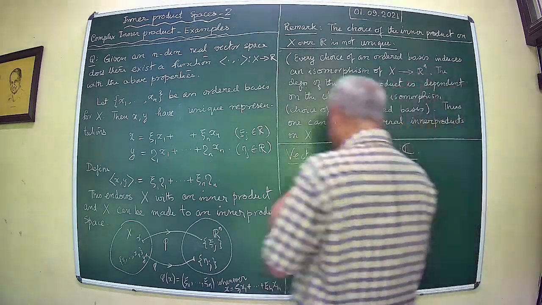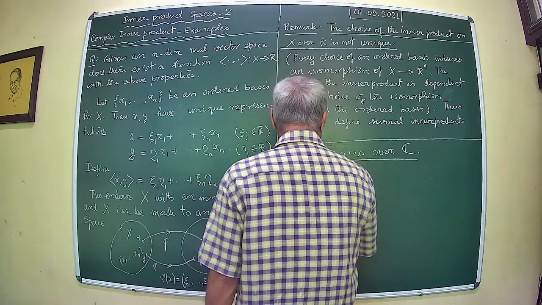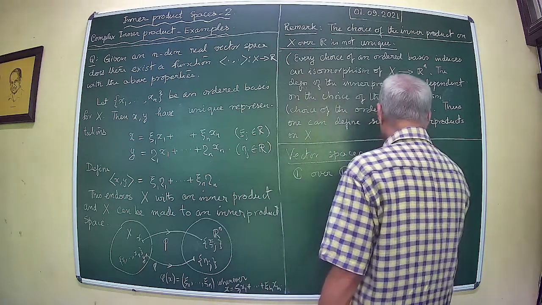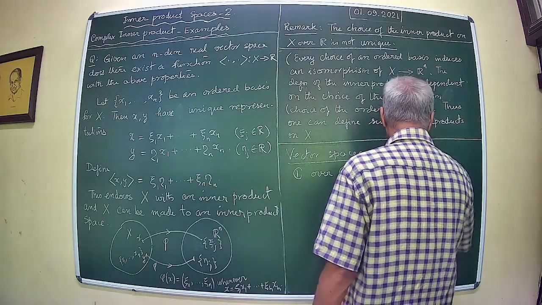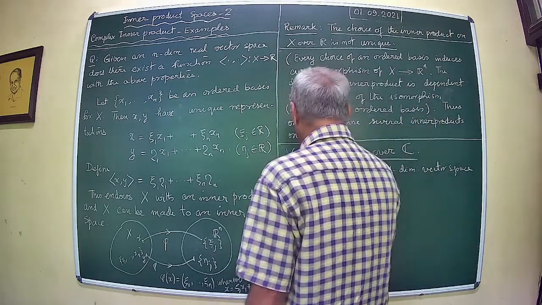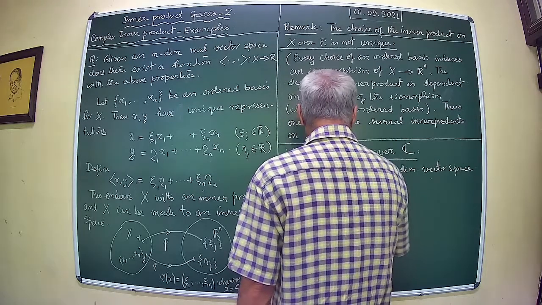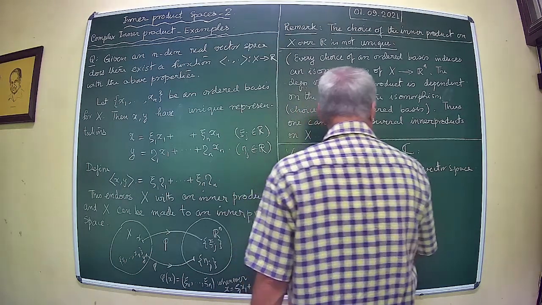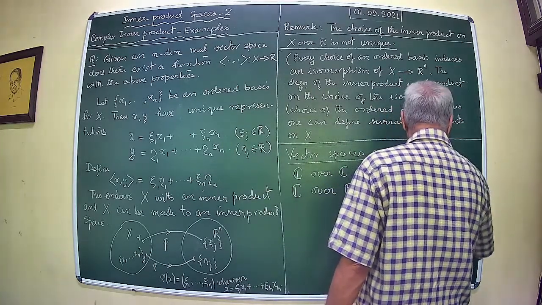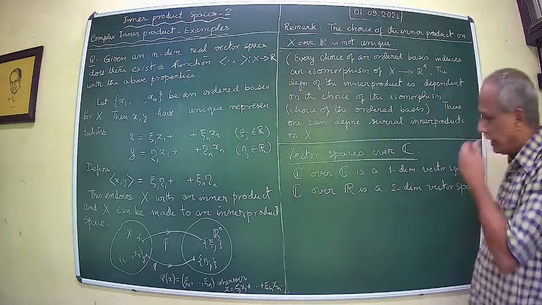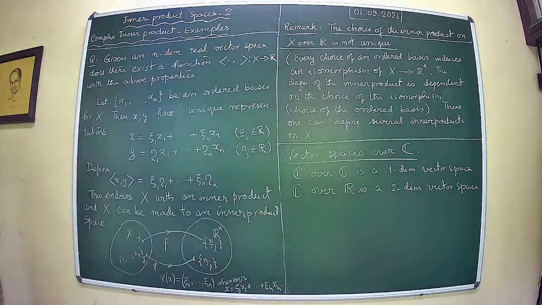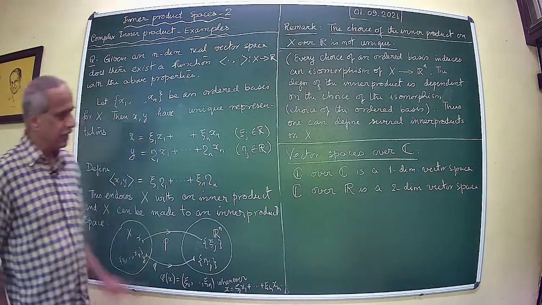So we'll look at, see, C over C is a one-dimensional vector space. It's a complex vector space. Whereas C over R is a two-dimensional vector space, and it becomes infinite dimensional once you choose, instead of R, suppose you choose Q, then it becomes an infinite dimensional vector space. This we have seen right in the beginning.